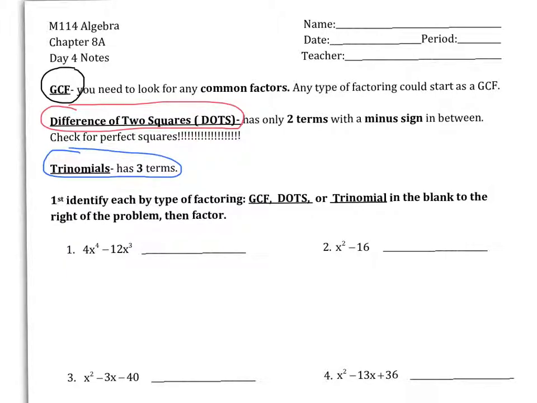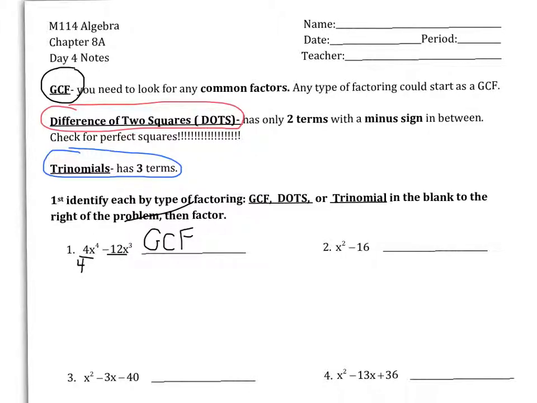So in the blank we'll put what type of factoring we recognize, and then we'll factor it. First one, we've got 2 terms, but those are not perfect squares. So this is just going to be a GCF. The number that 4 and 12 have in common is going to be the 4.